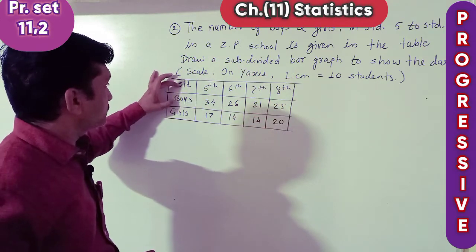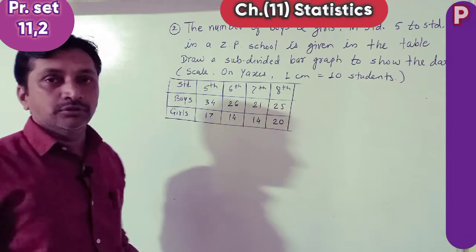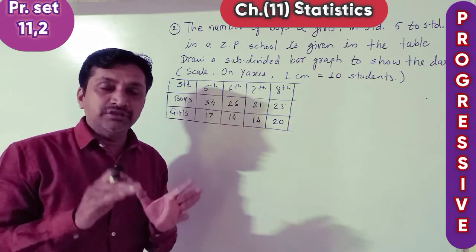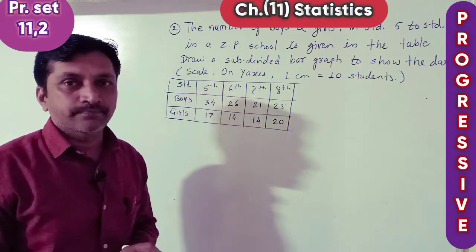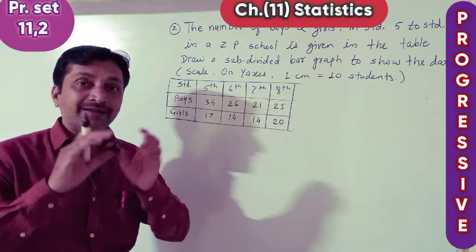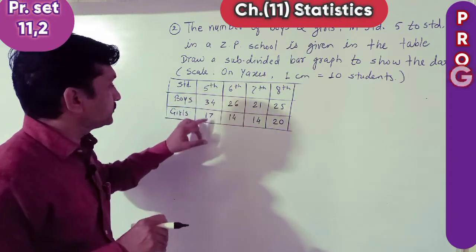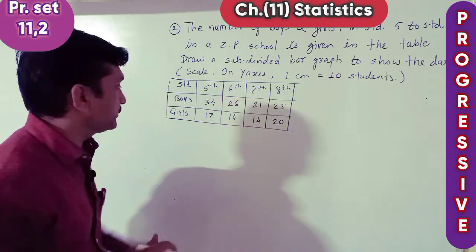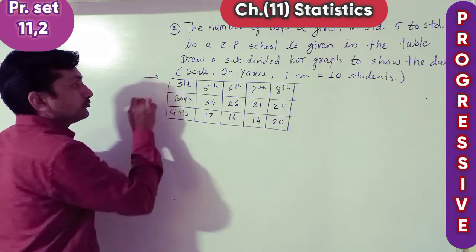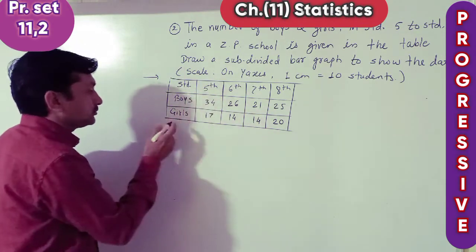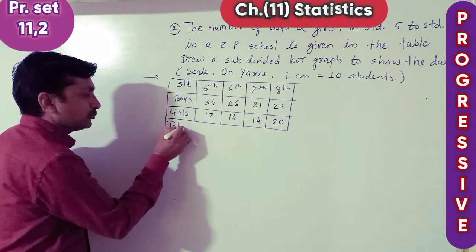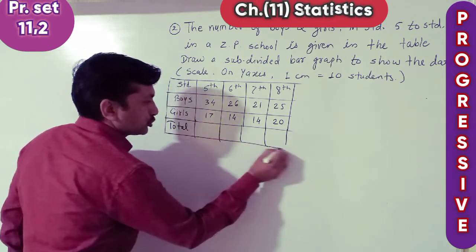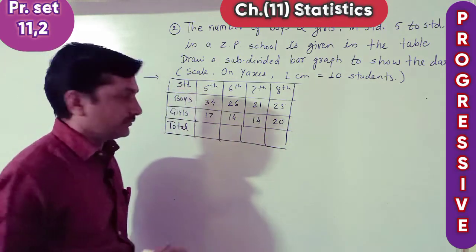Here standard 5, 6, 7, 8, boys and girls are given. For a subdivided diagram we always need the total students, because first of all we draw a rectangle at the height of the total and then we divide it by either boys or girls, whatever is given. Therefore in the solution we draw the same table again with one additional row, that of the total.